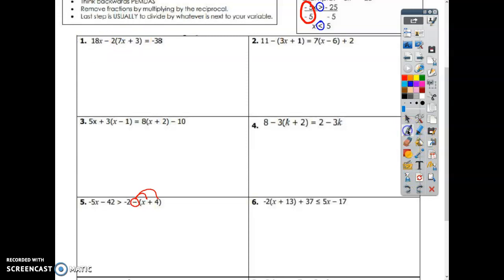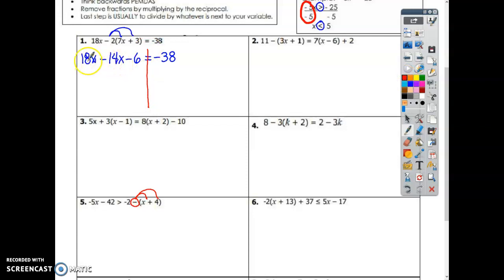Problem number 1, we need to distribute the -2. So bring the 18x down. -2 times 7x is a -14x. -2 times 3 is a -6. Bring down the equal sign and the -38. Step number 2, move the variables to one side and the numbers to the other side.